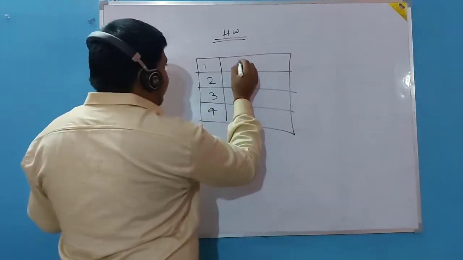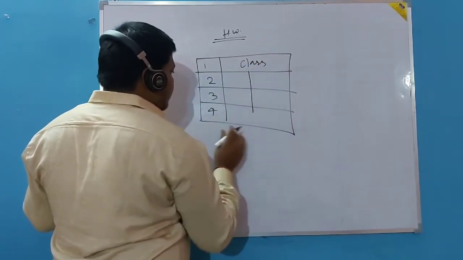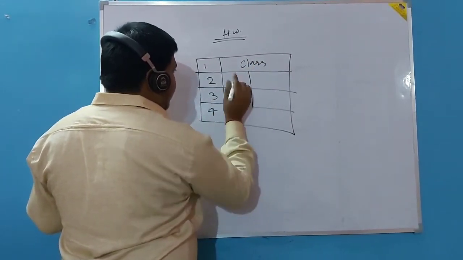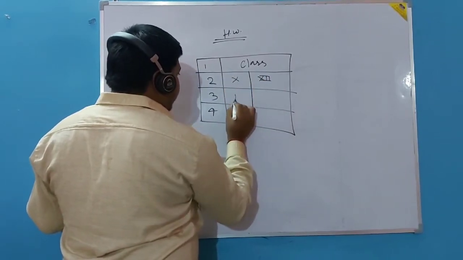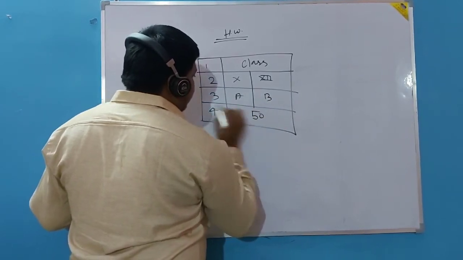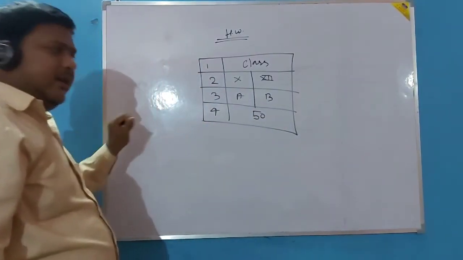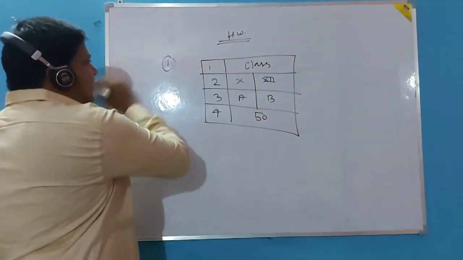And in that we have a class: class 10th, 12th. We have 2 sections, A and B, and in both sections the students are 50. See the normal table, you have to write the code. That is homework 1.